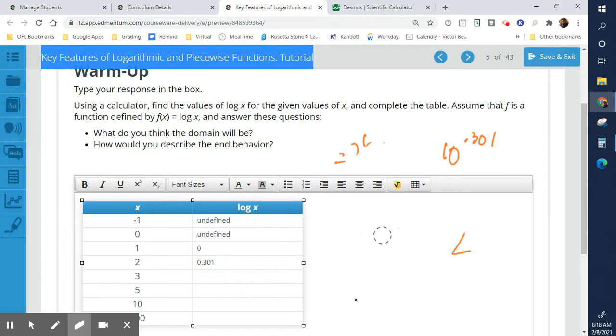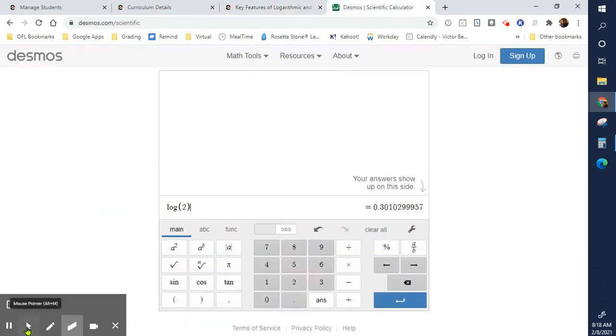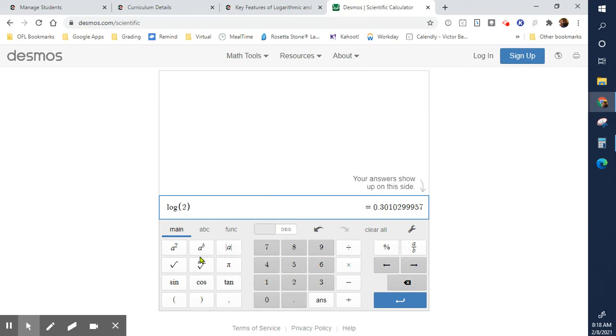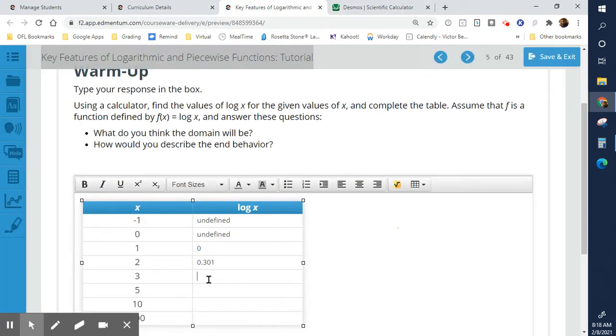And then they're going to talk about 3. So let's plug in a 3. And we get 0.477.